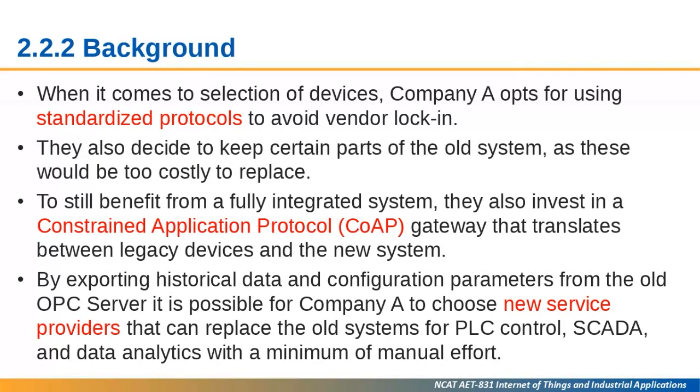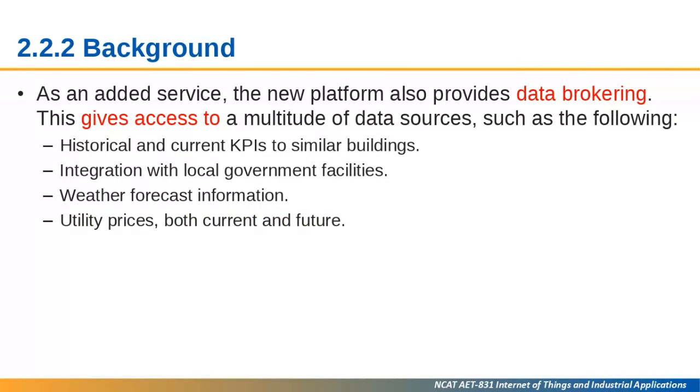With that being done, company A will also follow the standardized protocols. They will use the commission application protocol, and also they will choose a new service provider that can replace old systems for PLC control, SCADA, and something like that. The new platform also provides data brokering, which gives access to a multitude of data sources.